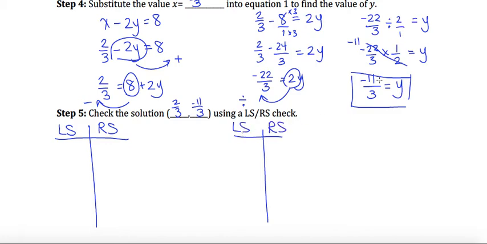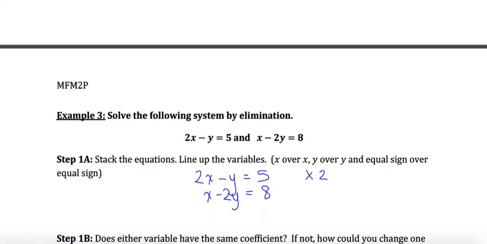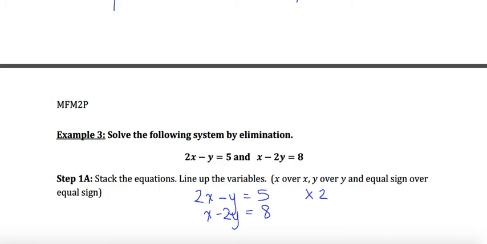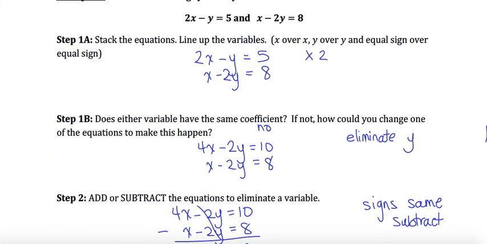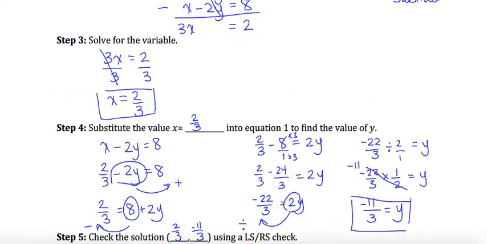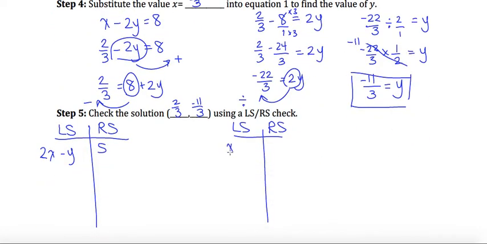So I'm creating my t-charts and I'm going back up to my original equations. 2x minus y equals 5. And my second equation, which is x minus 2y equals 8. So I'm plugging in the values that I have.